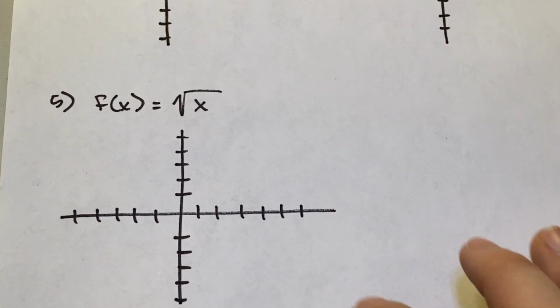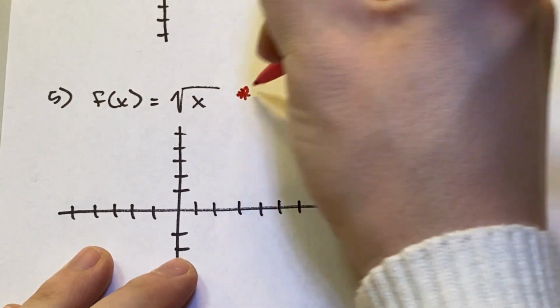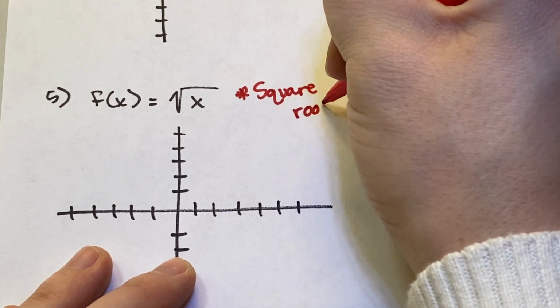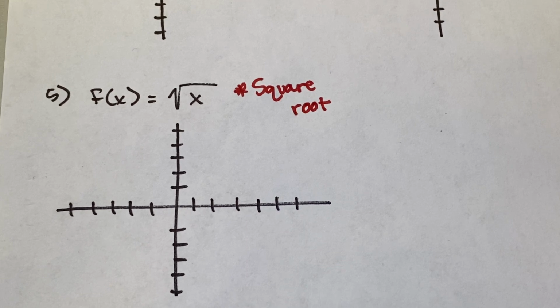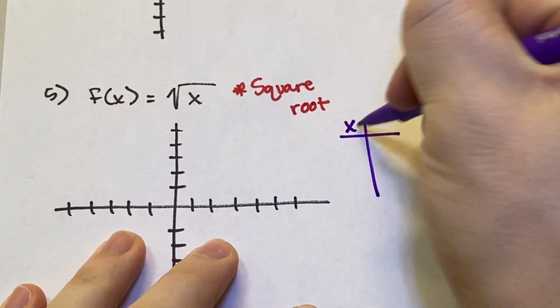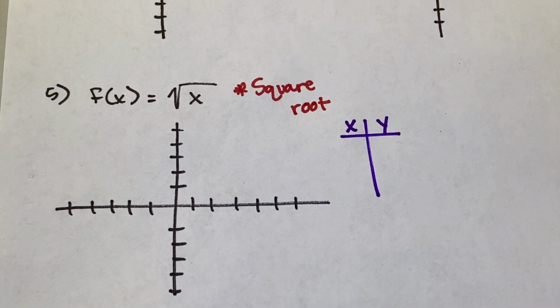This one is our square root parent function. Now, he's a little different, and I'll show you why. We're still going to give ourselves our table with our x and our y column, but I'm not going to choose the same 3 numbers, because it is impossible.